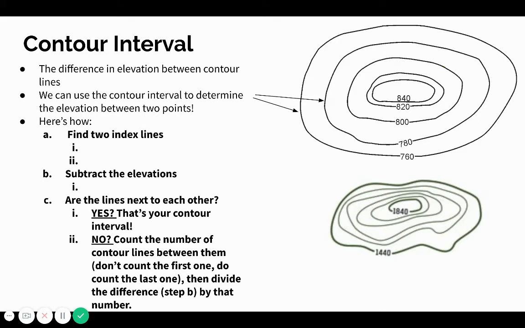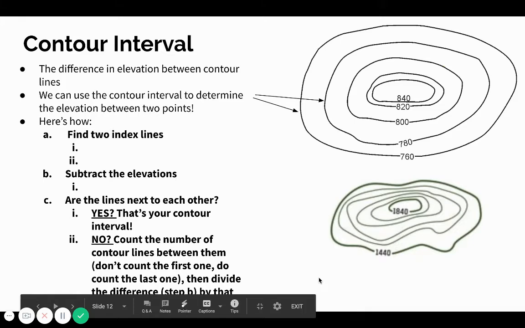If they are, what we just calculated is our contour interval. If they're not, then we need to count the number of contour lines between them. When you do that, you don't count the first one, do count the last one. Then you will divide the difference that you've got from step B by that number you just found.